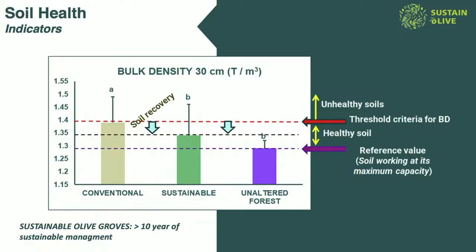So we can interpret that plot in the following way. The red line marks the threshold criteria for the bulk density.